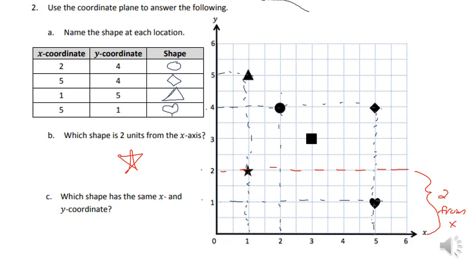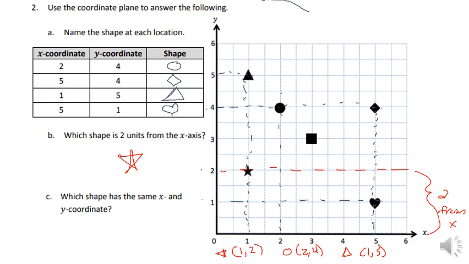C says which shape has the same x and y coordinate. So that means they would have to be equal. Okay, so let's see. This shape here, the star, since x is first, I'm going to write it down here, that'd be 1, 2 for the star. Now if I come to the circle, the circle would actually be 2, 4, and you can do this along with me if you can.